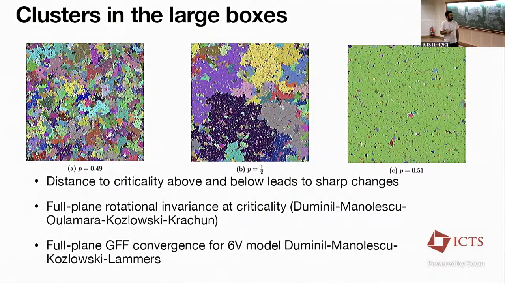This model has GFF convergence, but still only in the full plane. And conformal invariance is very much related to bounded domains. I think there is hope that at some point people are going to be able to do that, but in general, having better understanding of this picture than this box crossing property is very difficult.